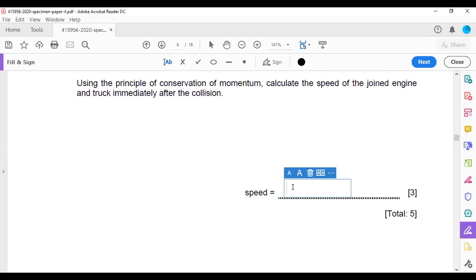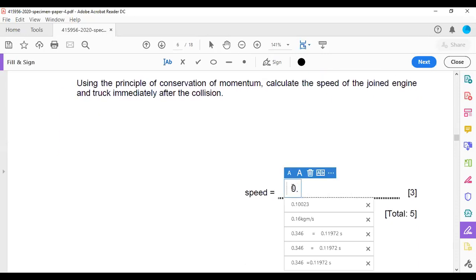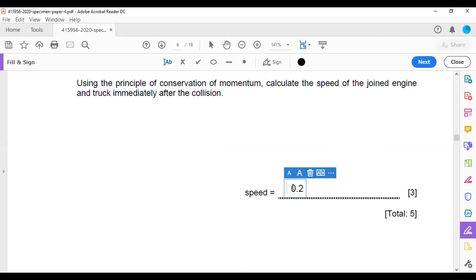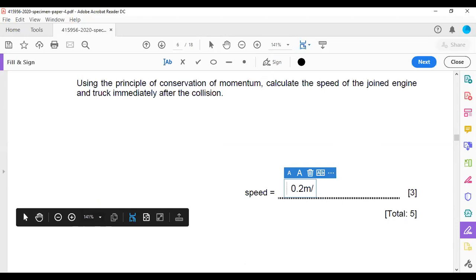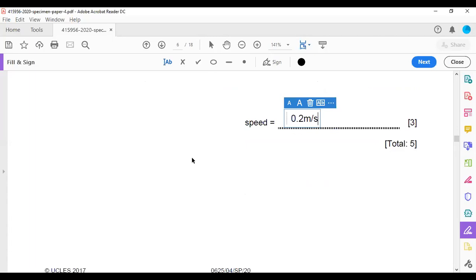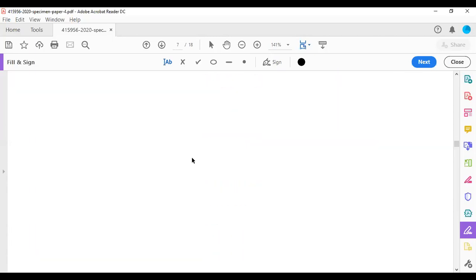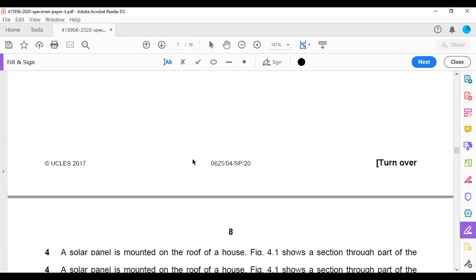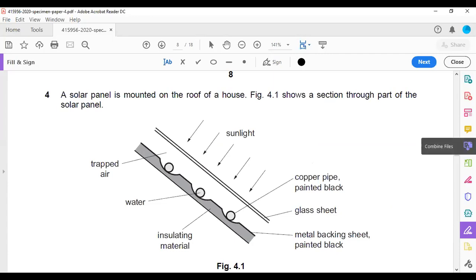The second one was 0.2 meter per second. So that was question 3. We're going to question 4 now.